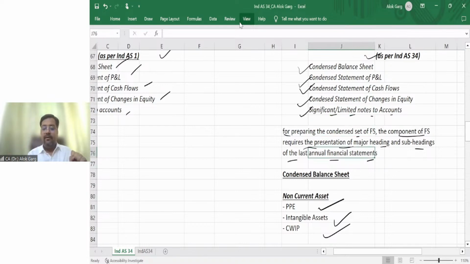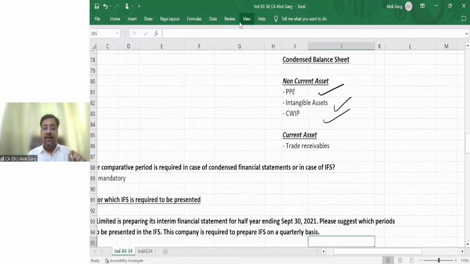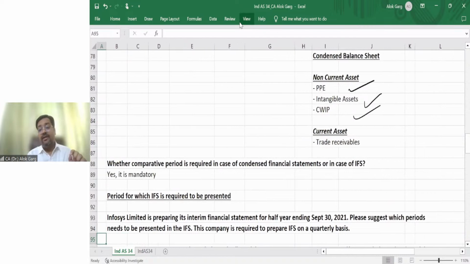Is that clear? Now we have to understand what the important notes to accounts are which are given under the interim financial statement. Sir, whether the comparative period is required in a condensed financial statement or interim financial statement? Answer is yes. Comparative period is mandatory, right?